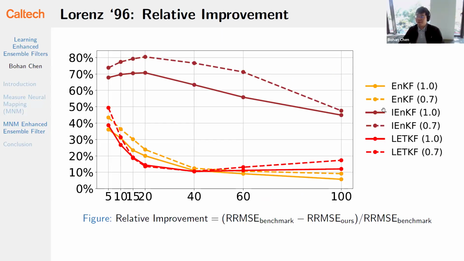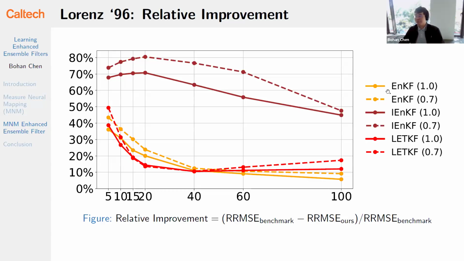We compare to 3 benchmark methods, that is EnKF, IEnKF, which is iterative EnKF, and LETKF, which is localized ensemble transform Kalman filter, also a leading method. I want to further emphasize that these benchmark methods also have some tunable hyperparameters, that is, for inflation and localization.